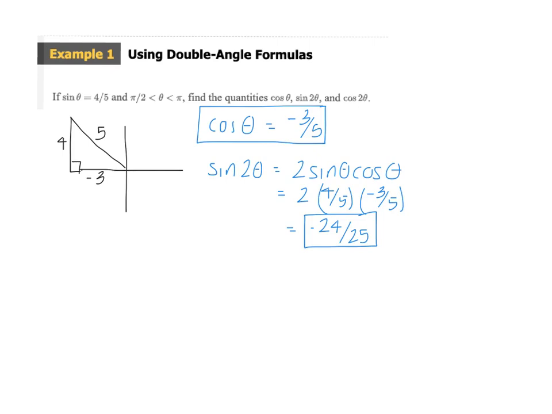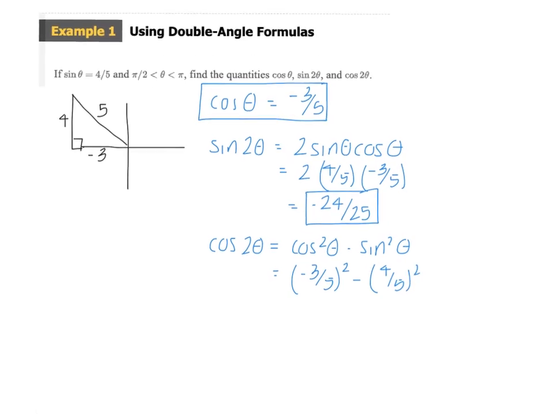The last one is cosine of 2 theta. That formula is cosine squared theta minus sine squared theta. I know cosine theta is -3/5, squaring that, and sine squared is 4/5, and you have that squared.